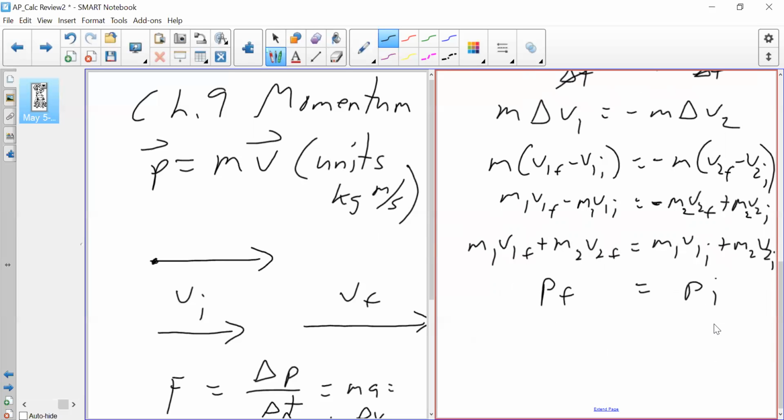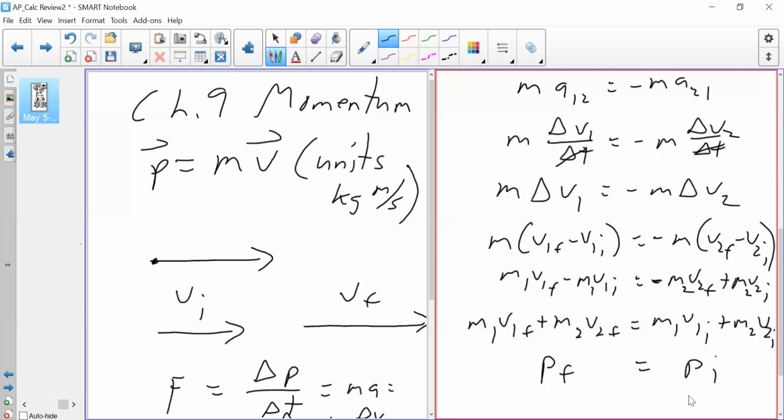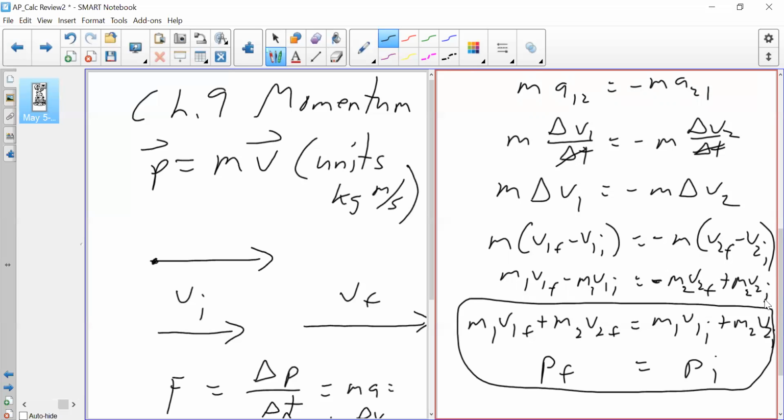And we can also see this. So we know this is the case: initial equals final momentum. And then here we can see that the momentum is constant. If we just take this, here will be a change of momentum of object 1, times cancel out, is equal and opposite to the change of momentum of object 2. So as object 1 hits object 2, the change of momentum in that system is going to be constant.